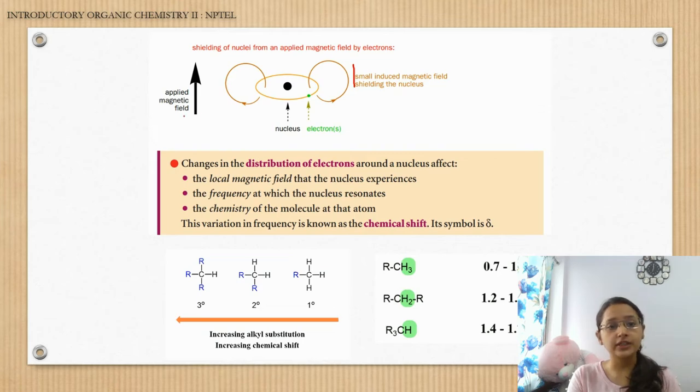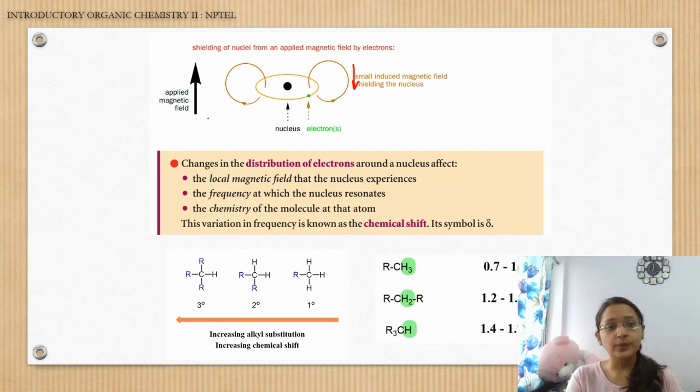If this induced magnetic field is very high compared to the applied magnetic field, then de-shielding in the chemical shift is observed. And if it is very small compared to the applied magnetic field, then shielding of the nuclei is observed.